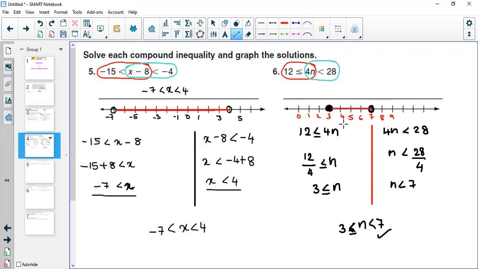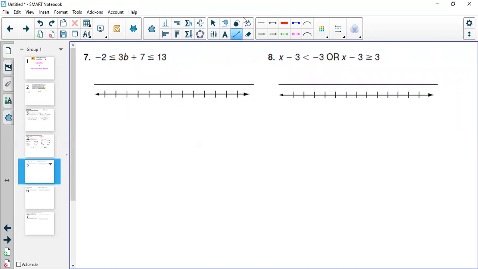This shows that this inequality has all the solutions which are equal to 3 or greater, and less than 7. I think I made a small slip there, so don't get confused by that.